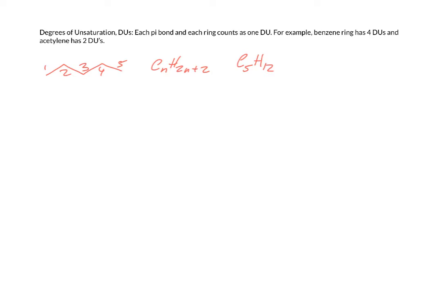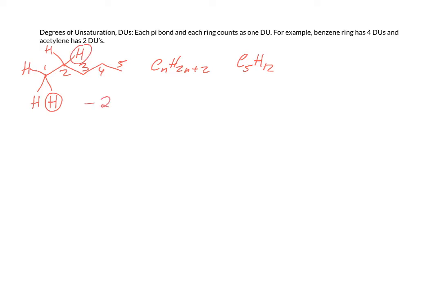Now what happens if we compare it to pentene? Go ahead and construct a double bond between carbons 1 and 2. To do so, I need to sacrifice one hydrogen atom from the respective carbons. So in order to form a double bond between carbons 1 and 2, I have to remove one of the hydrogens from here and one from there.